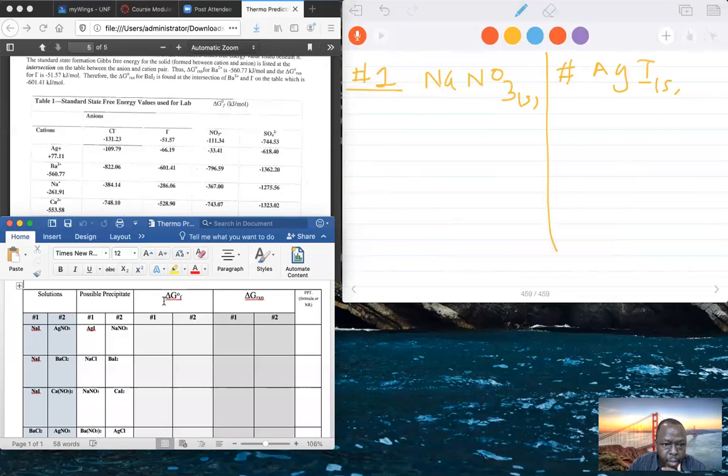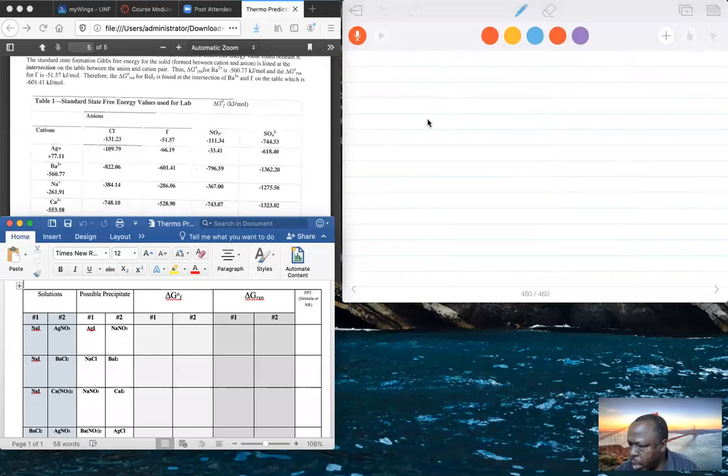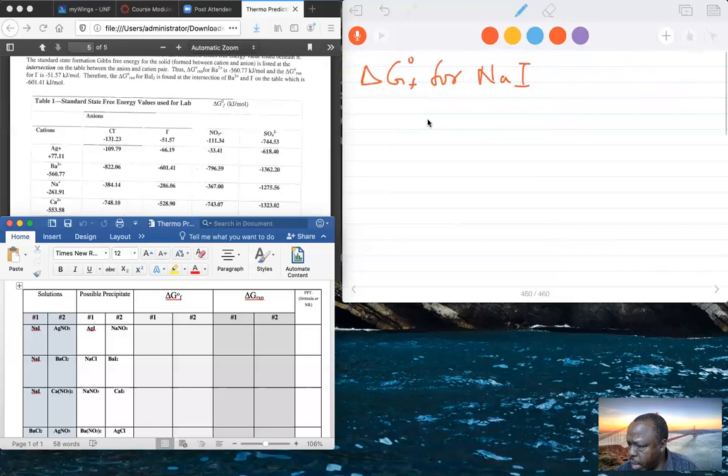If you look at my whiteboard here, in order to calculate the delta G naught for my precipitate number 1, I will do this. Delta G naught formation for NaNO3. It is sodium nitrate, not silver iodide. I'll use this equation, delta G, if it's being formed.